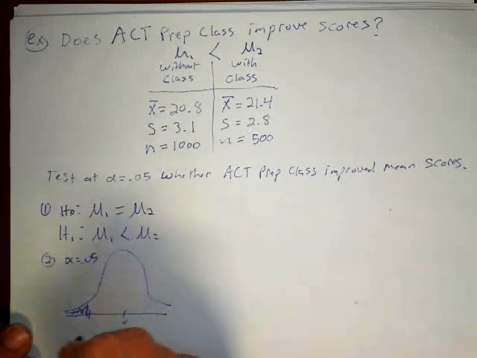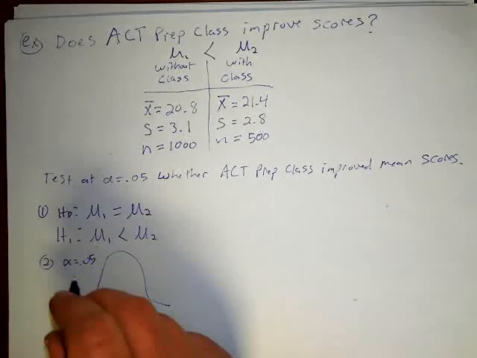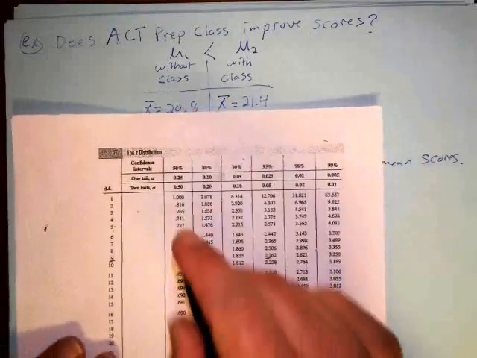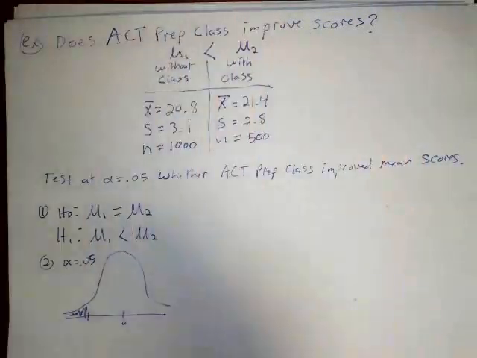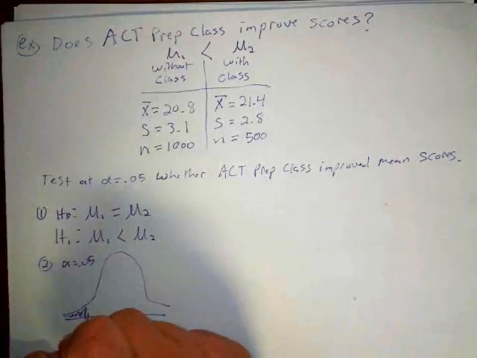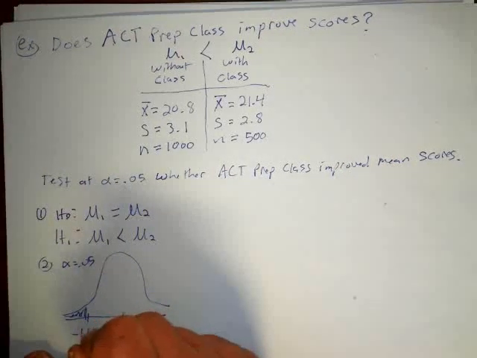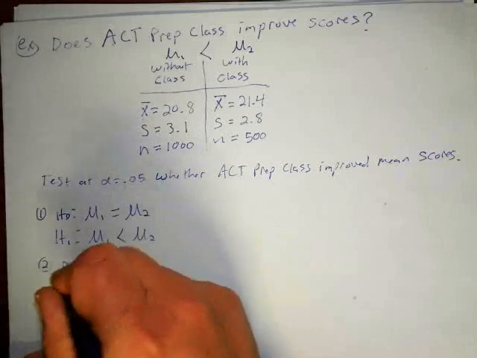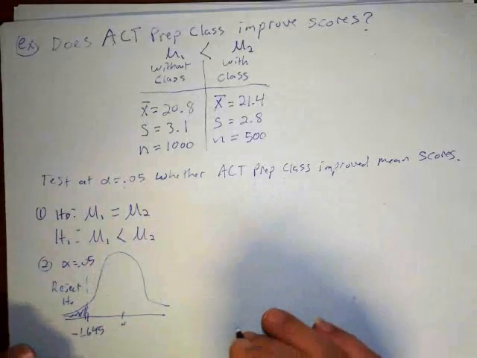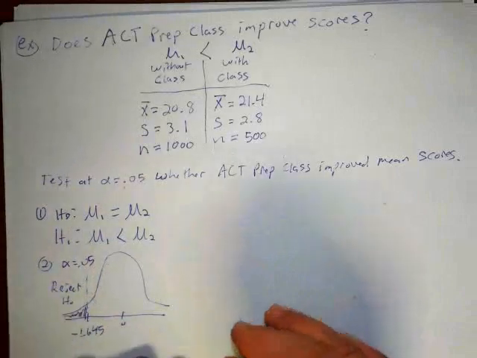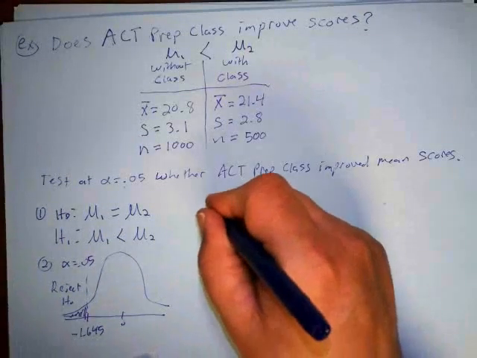And so we're going to get the one-tailed alpha 0.05, go all the way to the bottom, and I get 1.645. So over here, this side would be reject H0. Your z-score would have to be less than this in order to reject H0.